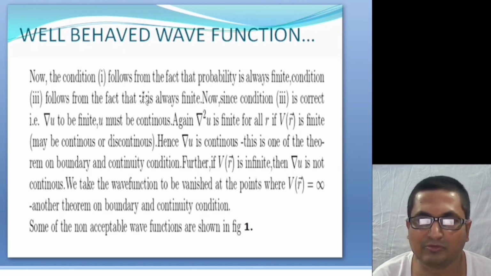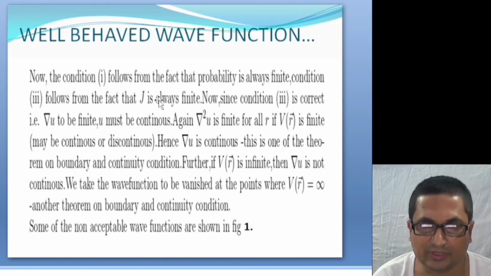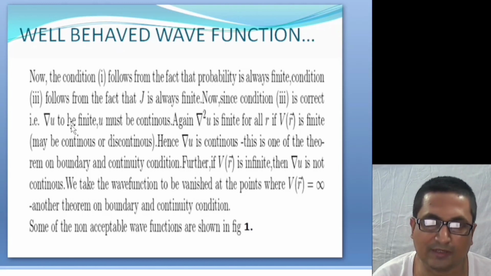One must remember that we'll get an equation of continuity later, where we'll find del rho by del t plus the divergence of J is equal to 0, which means that if rho is finite, then J is also finite, and since J depends on ∇u, ∇u is also finite.